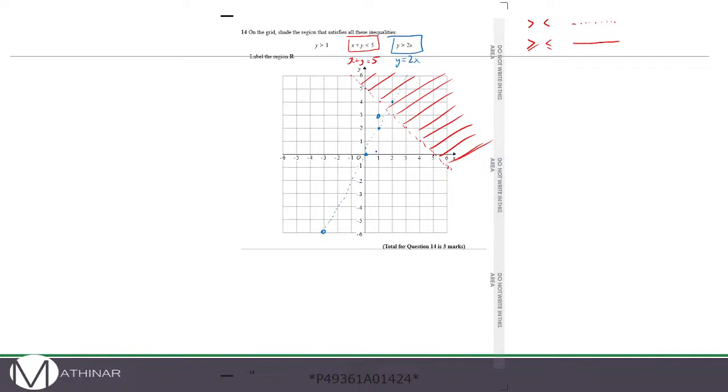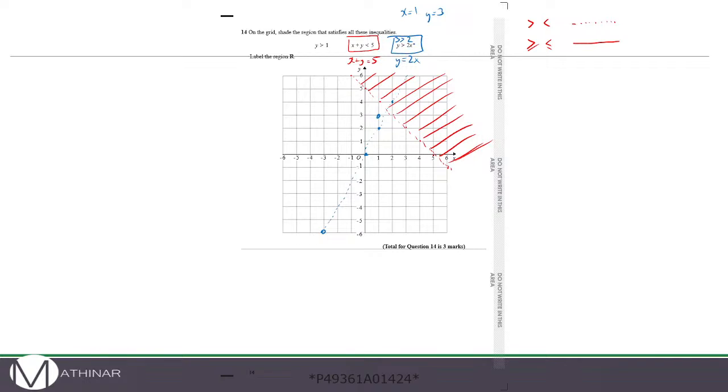That coordinate there is x equals 1, y equals 3. Now, if I substitute them into here, I get 3 is bigger than 2 times 1. Is this statement true? Yes. So this statement is true.